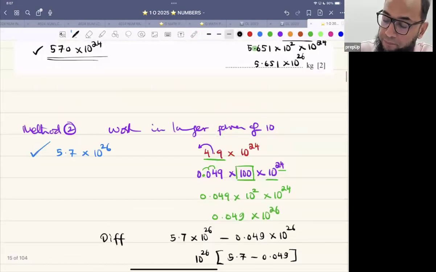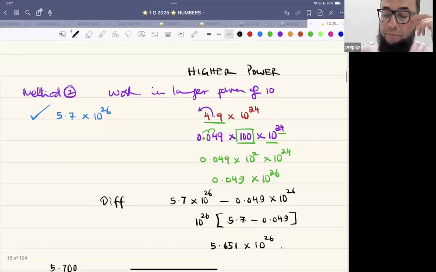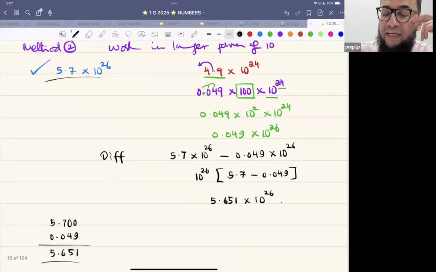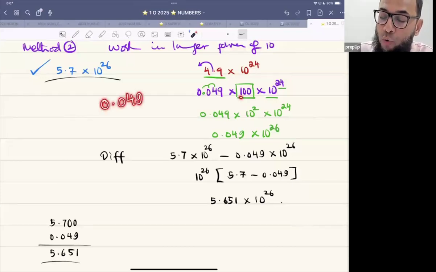This thing over here, the higher power method, is good in one sense and not good in the other. I left it as it is. I'm working with 4.9 into 10 power 24. Now I cannot take power from here. I have to create powers of 10 from here. So 0.049 into 100, that is 4.9 itself.